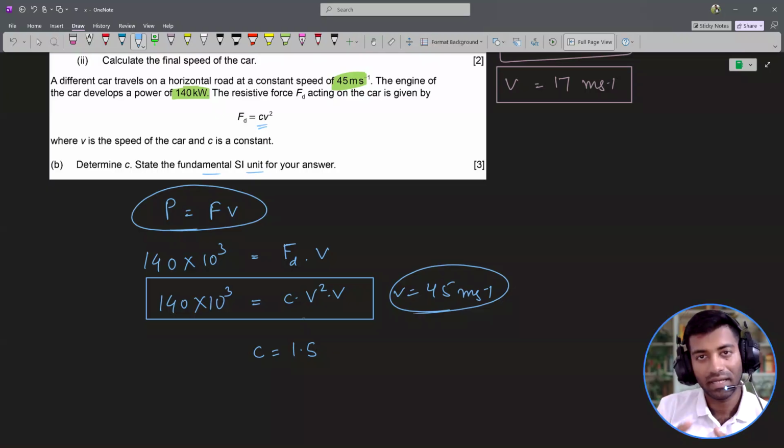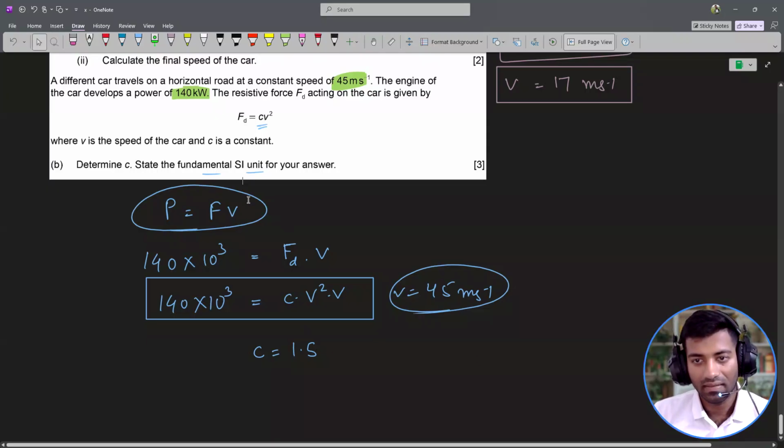So when we are reporting the final answer, the units of C should contain nothing other than kilogram, meter, second, mole, ampere, candela, Kelvin. Nothing other than that. So we need to figure out the fundamental SI unit.